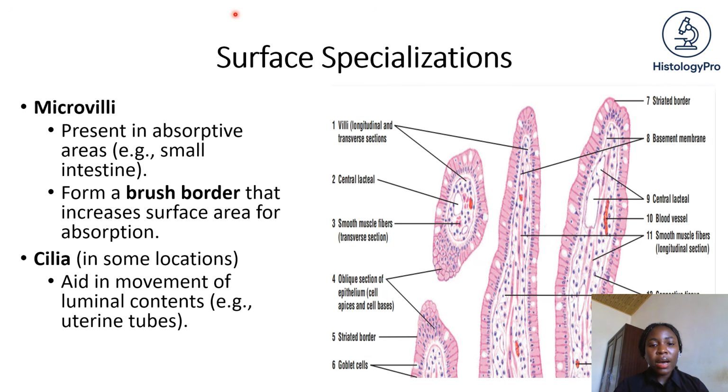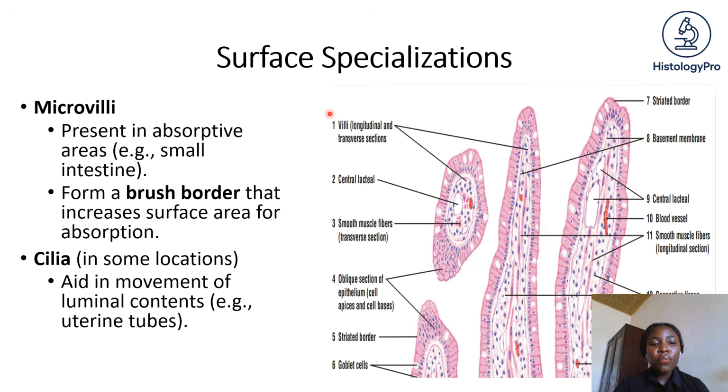Its function is to maximize surface area for nutrient absorption. In the large intestine, also known as the colon, the microvilli are present, but they are fewer and shorter. The brush border is poorly developed, unlike that of the small intestine. Its function in the large intestine is mainly water and electrolyte absorption, not nutrient digestion, as noted in the small intestine.